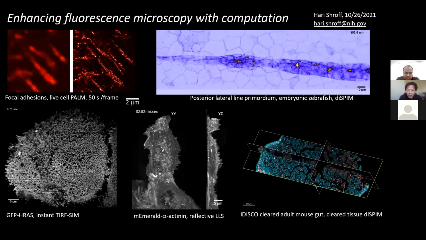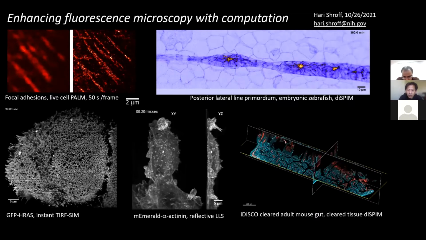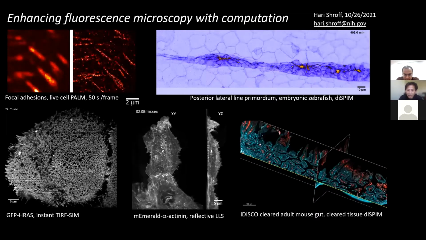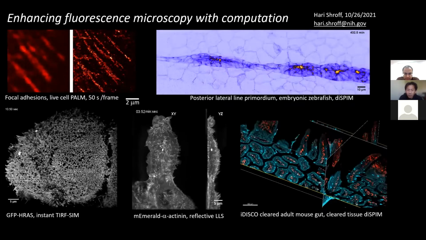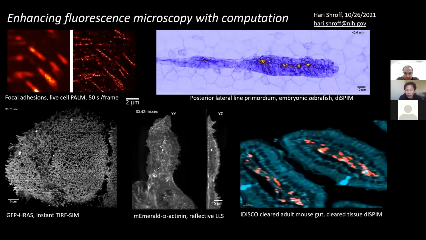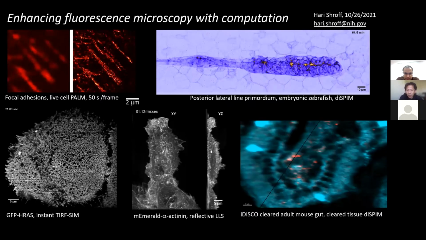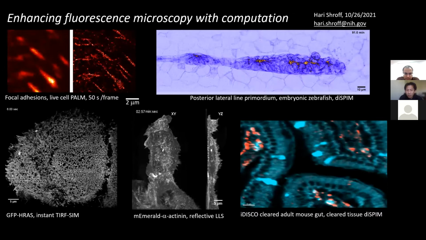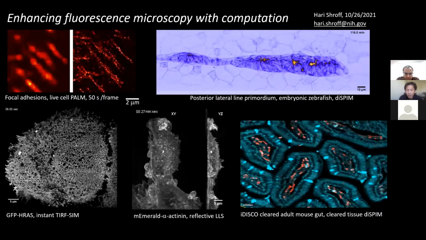And he spent 3 years as a postdoc with Eric Betzig at Janelia, where he focused a lot on PALM microscopy, which is a difficult but very, very high resolution method to visualize molecules at the nanoscale.